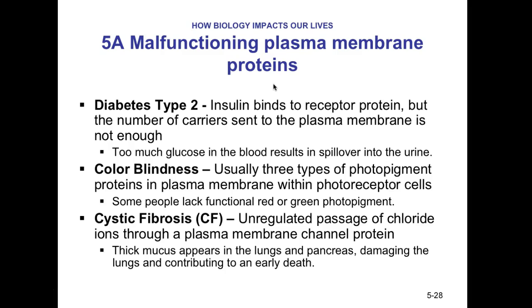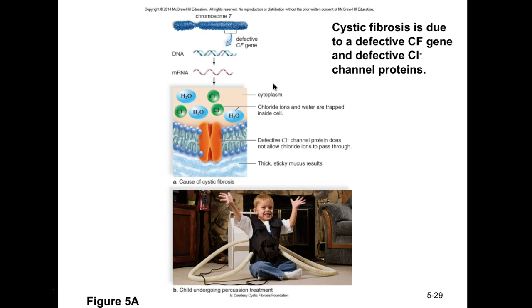And there's also the disease of cystic fibrosis. Cystic fibrosis is when you have unregulated passage of chloride ions through a plasma membrane protein channel. Ultimately, what happens then is you get a thick mucus that is going to appear in the lungs and the pancreas, and it's going to damage the lungs and ultimately contribute to an early death. So here you can see an example. This kid is undergoing percussion treatment.